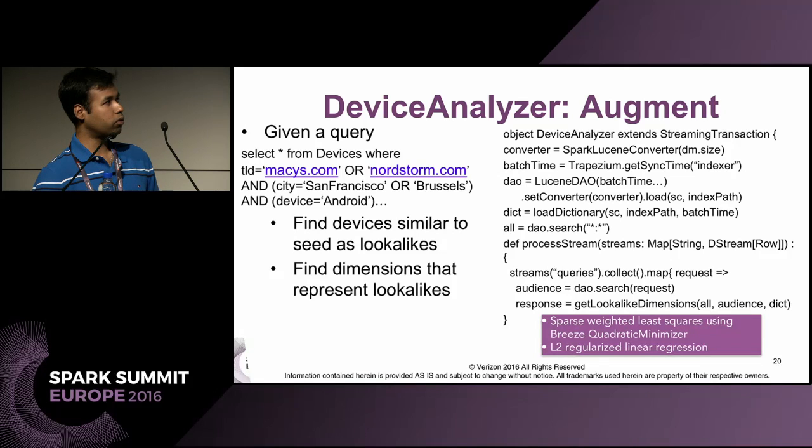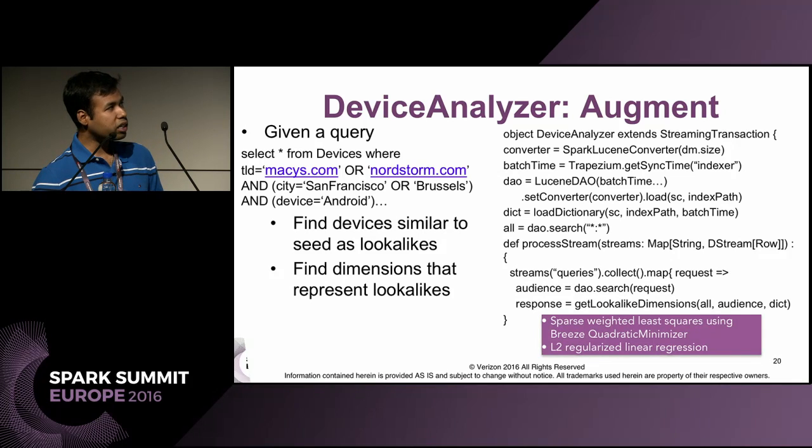So this gives you the rest, basically, and then you write a one versus rest flow. To write the one versus rest flow, based on the current request that came to you, you again do a DAO.search. It gives you the audience which matched the current request, and then you run your favorite look-alike algorithm.